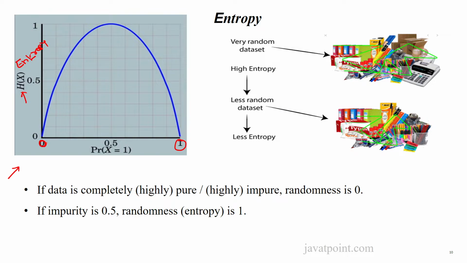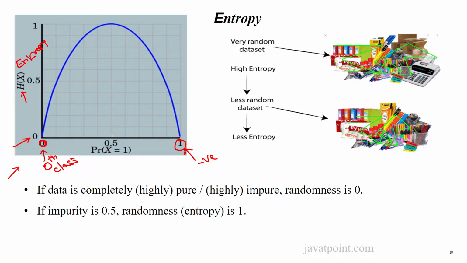So if data is highly pure, that means all the samples are belonging to the zeroth class. If all the samples belong to the same class, it is highly pure, and here one means all the samples belonging to the negative class. If it is the case, then our entropy will be zero, right?